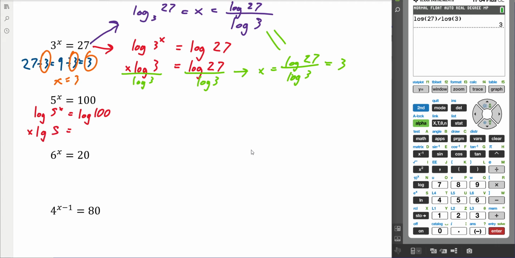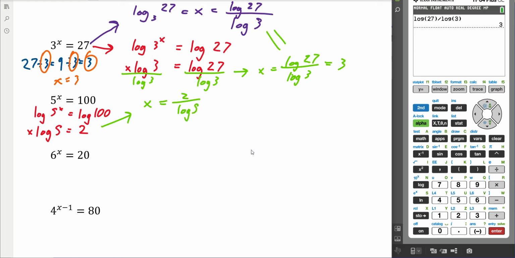So x log of 5, and log of 100 is just 2, because if it's base 10 and you have 100, you can just count the number of zeros, 1, 2 zeros. So it's 2. And then we can divide by log 5 on both sides. So it's 2 over log 5.